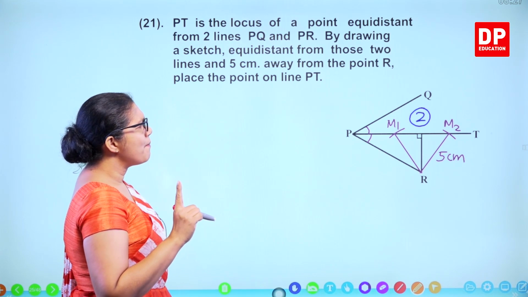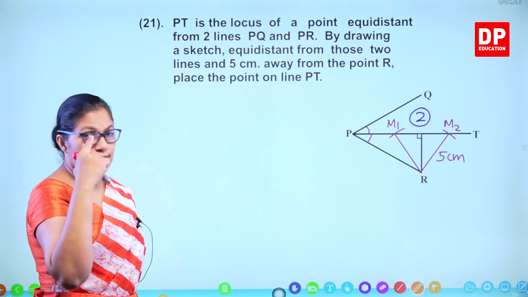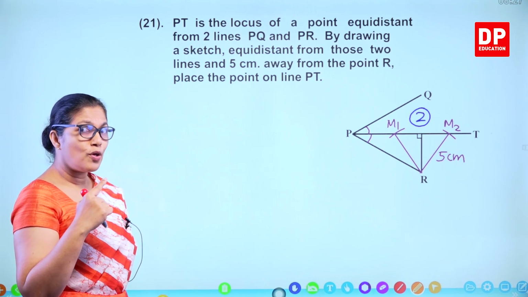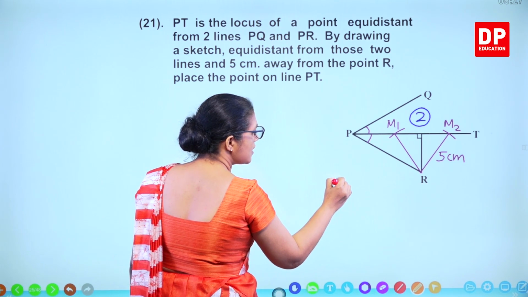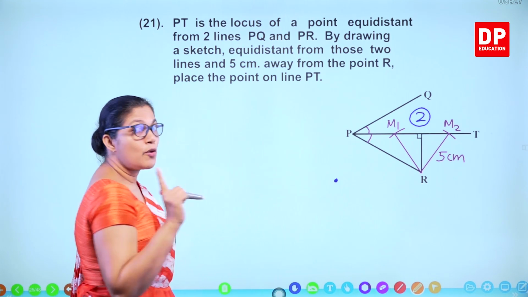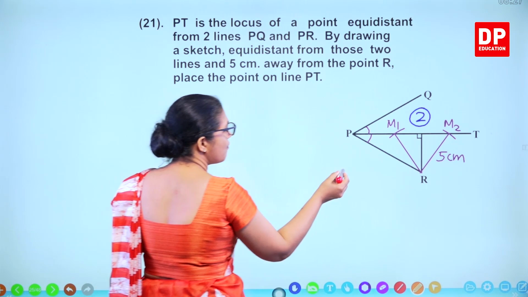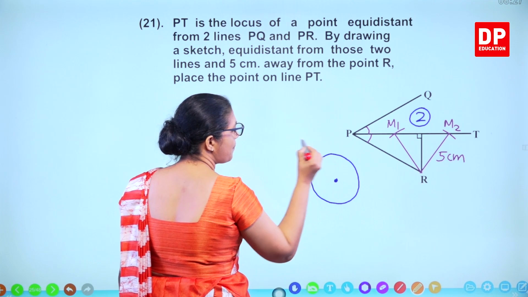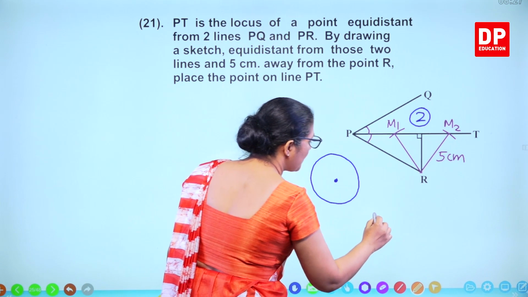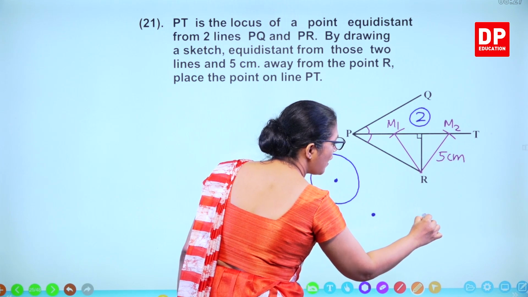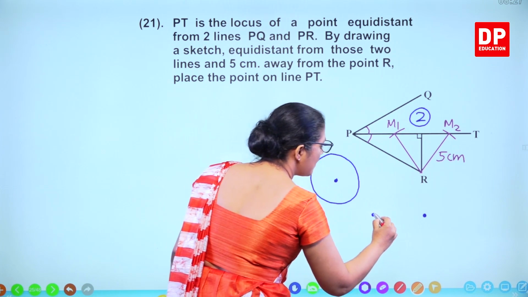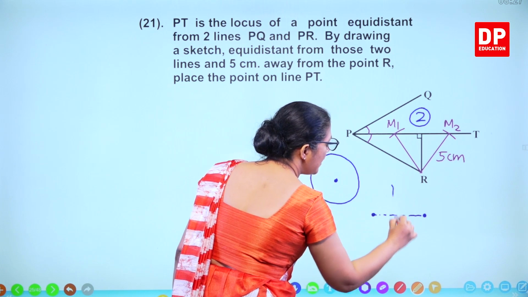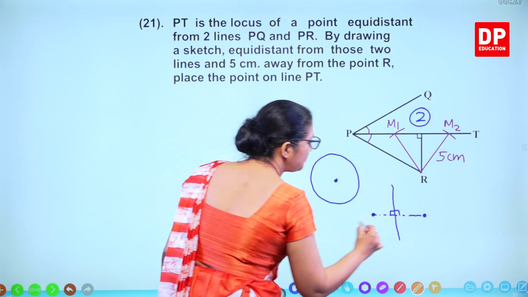So can you remember the steps we discussed for locus? We did locus of a point. So what is a locus of a point? Equidistant from a point, you get a circle. Then we did, if you get 2 fixed points, what's the equidistance to 2 points? That's the perpendicular bisector.